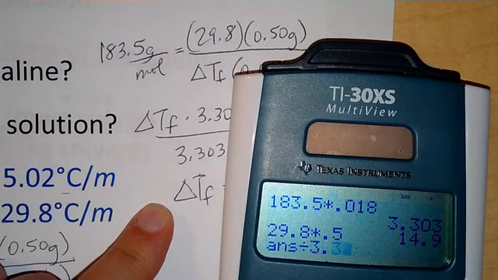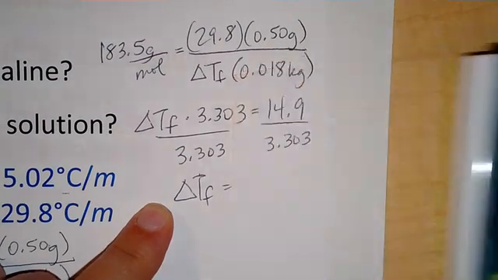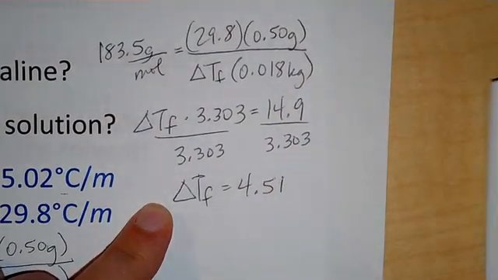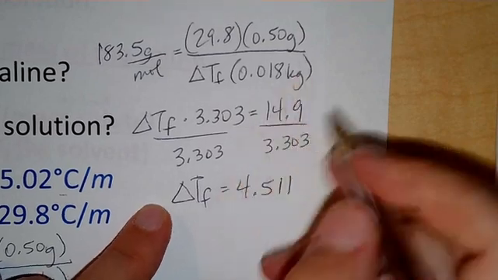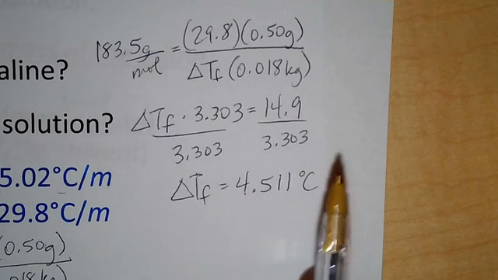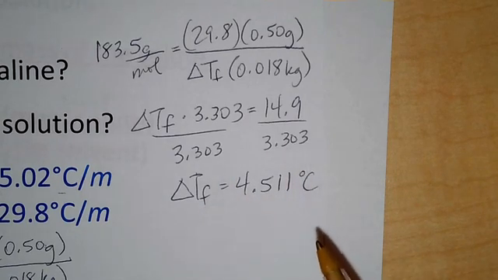Alright, so this is our change in freezing point. And remember, since it's the change, we want to know what the freezing point's going to be. We're going to go back to our original freezing point of our solvent. Freezing and melting are the same thing.